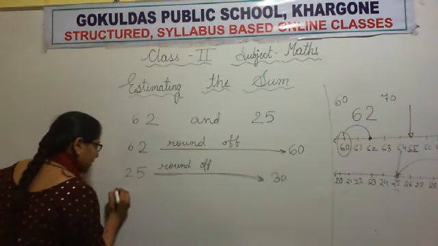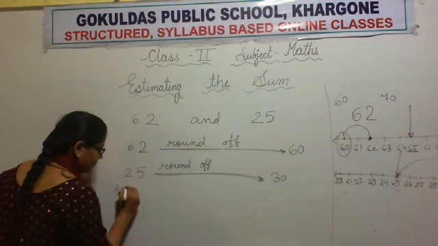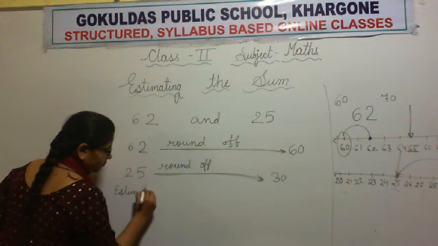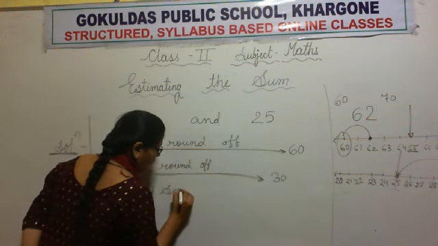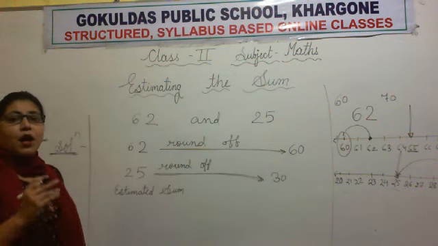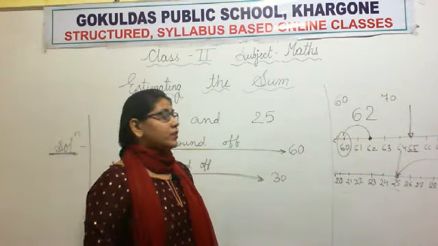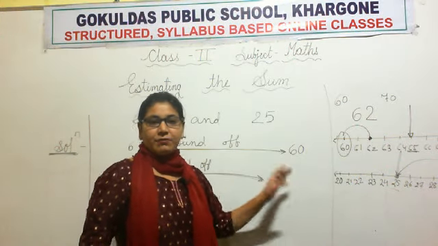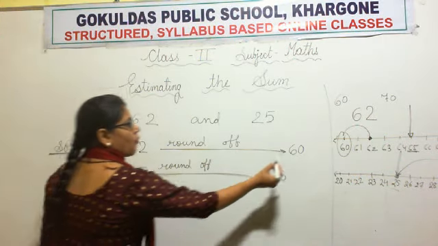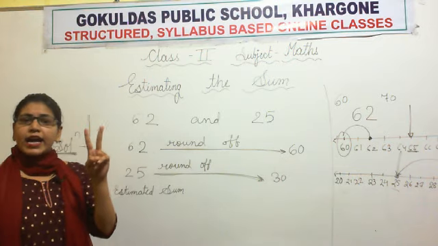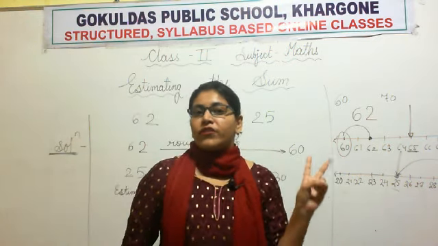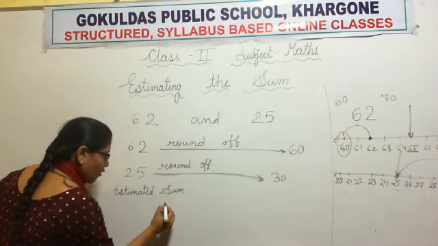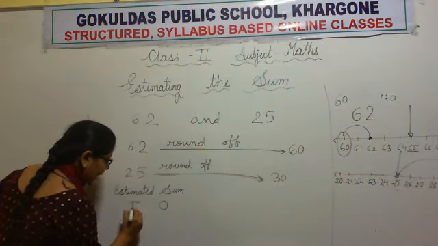Now, estimated sum. How will we get the estimated sum? By adding estimated numbers. So these two are our estimated numbers. Two digits are there, so we will write two places: ones and tens.